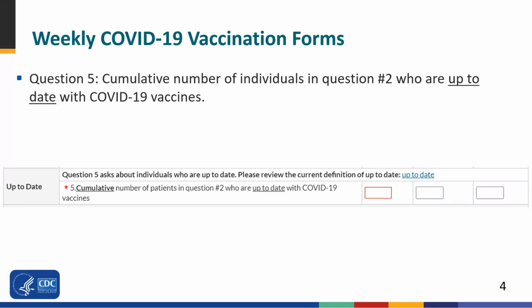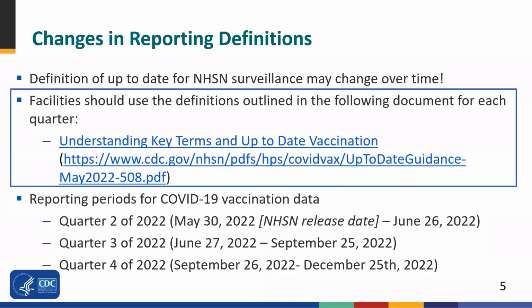Please note that this definition may change over time for NHSN surveillance to incorporate changes made to the clinical guidelines and recommendations. Therefore, facilities should refer to the definition on the first day of the reporting quarter.